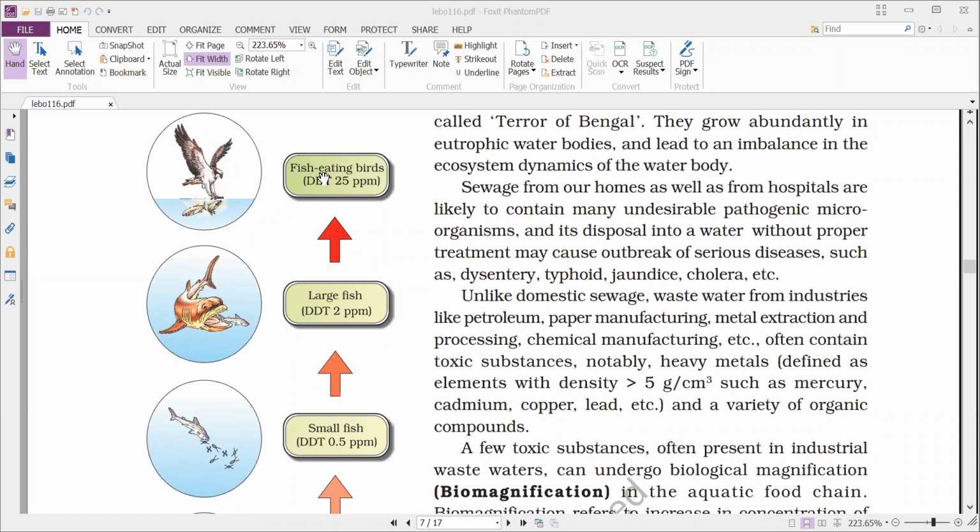They will eat small fishes and large fishes, whatever fish is available. So the accumulation, 2 ppm, changed to 25 parts per million. That means it was increased by 12.5 times.